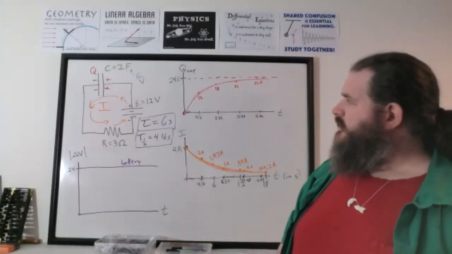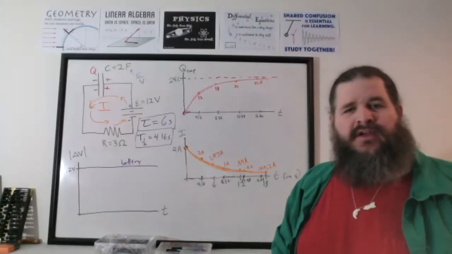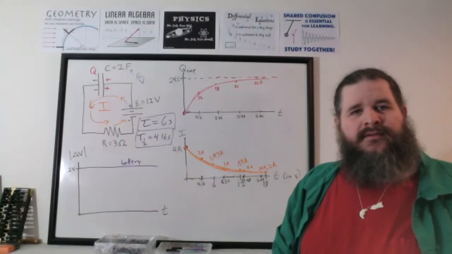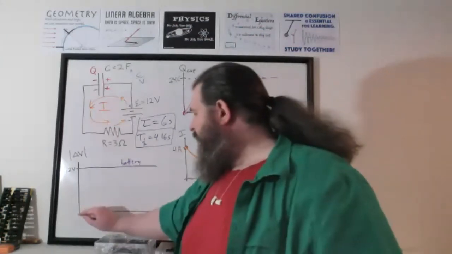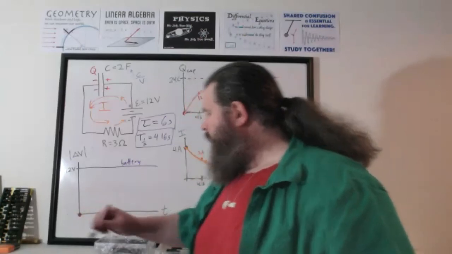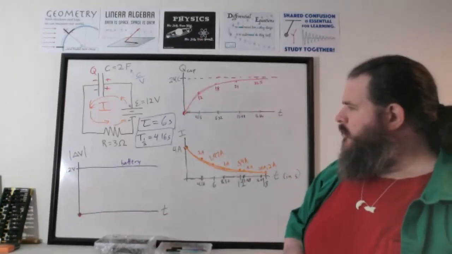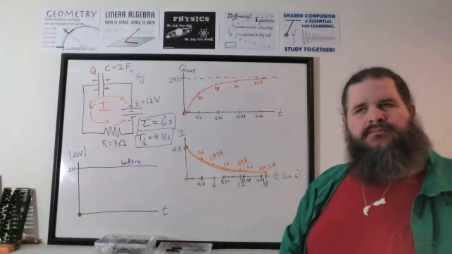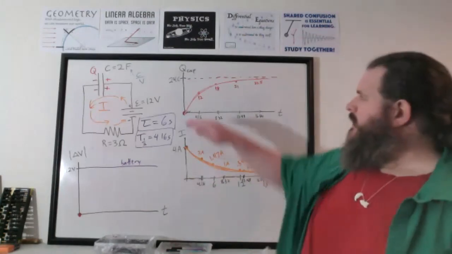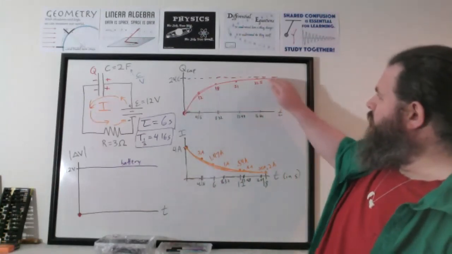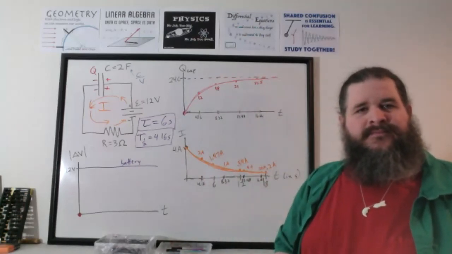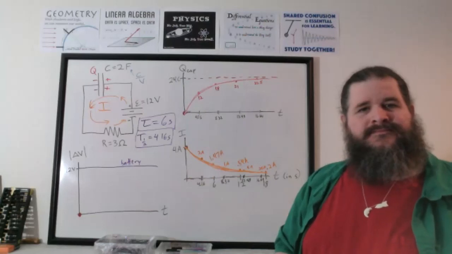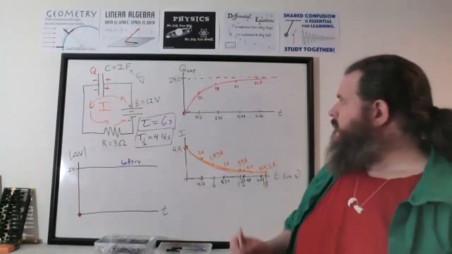Whereas the capacitor, how much voltage does the capacitor start with? Zero? Yeah, at the very beginning, the capacitor has 0 volts. And what about the final voltage? If the capacitor eventually has 24 coulombs of charge, how would you convert that into a voltage? 24 divided by the capacitance.